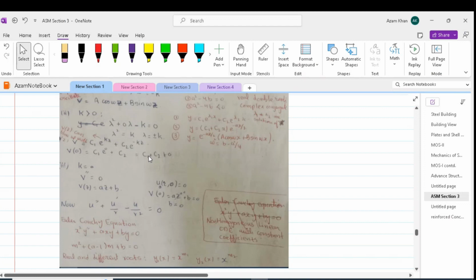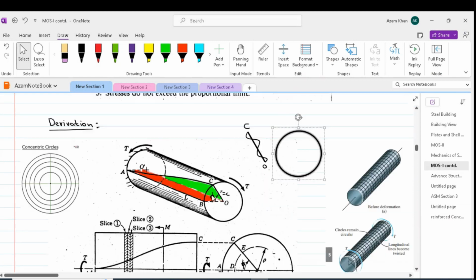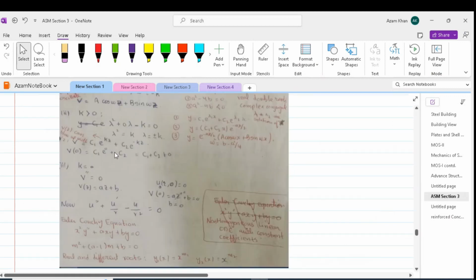If we don't take them as 0, then it is not possible to have some value of v at z equal to 0. In this figure, it is clear that there is no circumferential deformation at z equal to 0. Therefore, this solution can also be rejected.